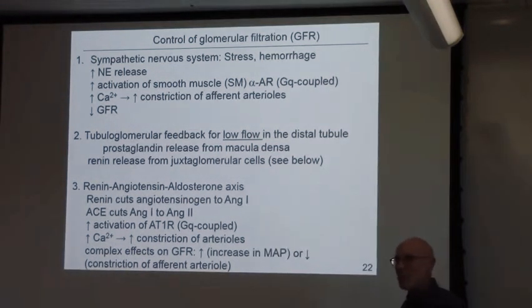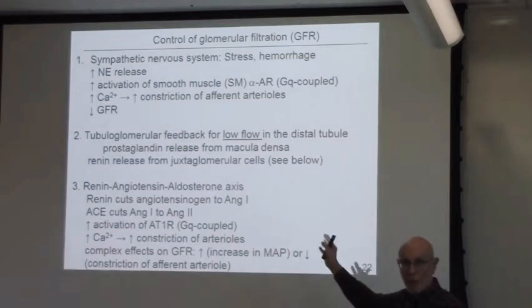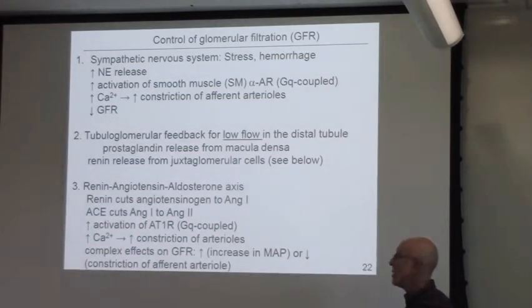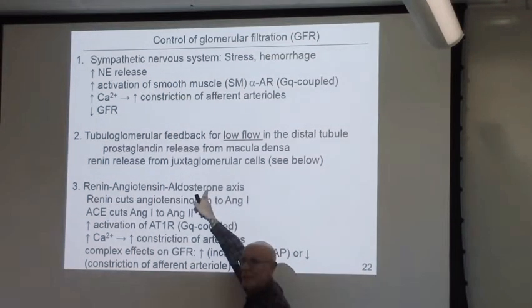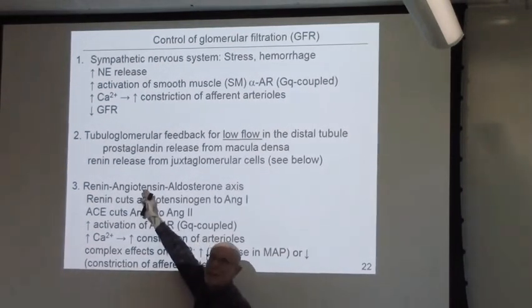Okay, so that was a real quick review, but I don't want you to forget that because that's part of control of water excretion. It's not just vasopressin and aldosterone, it's this story as well. Remember, renin, angiotensin, and then aldosterone. The trigger for aldosterone came from renin, angiotensin.